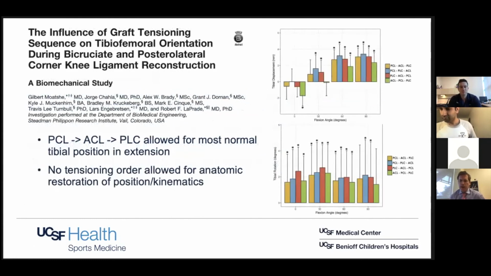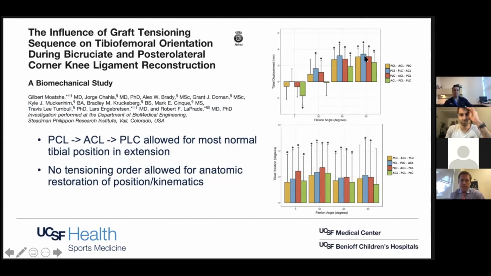And then, we were talking earlier about order and getting to that concept of how and when you tension each of these. And this is just a recent biomechanical study, looking at combined PCL, ACL, posterolateral corner, and the order for fixing them.